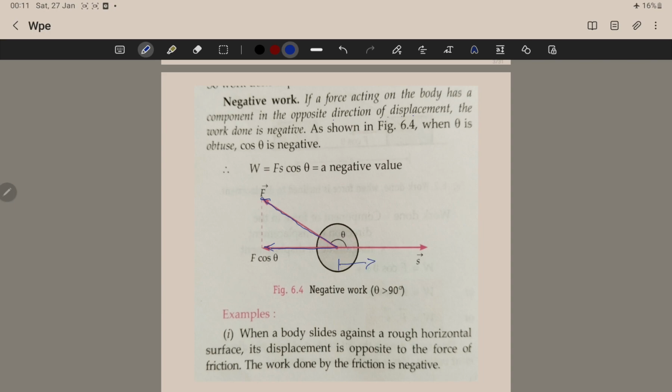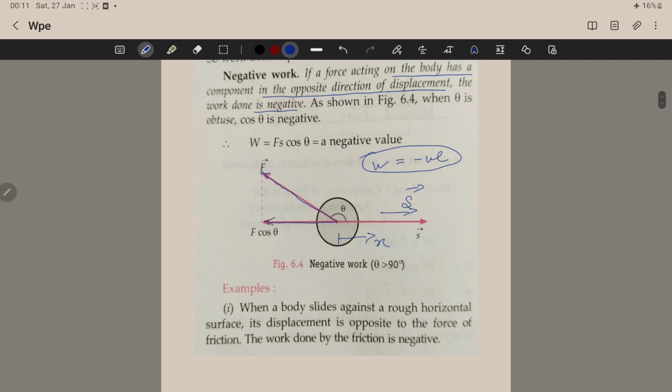This body is moving in this direction, the positive direction. This is the displacement vector. The force acting on the body has a component in the opposite direction of displacement, so the work done is negative. Always remember.